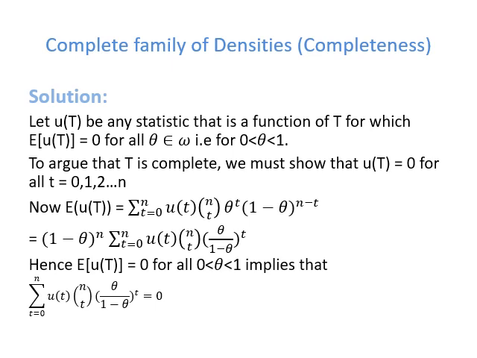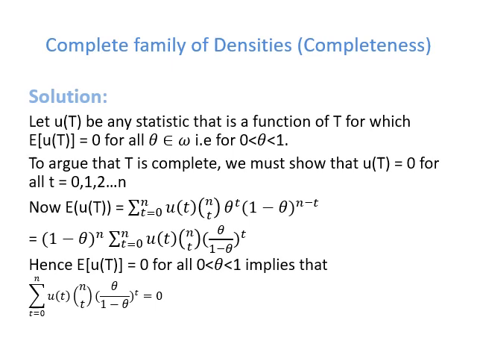And of course here t takes values from 0 to n. You know that the summation xi will take values from 0 to n. So we can say that the expected value of u of t will be equal to the summation from t equals 0 to n of u of t, n choose t, theta to the power t, 1 minus theta to the power n minus t.